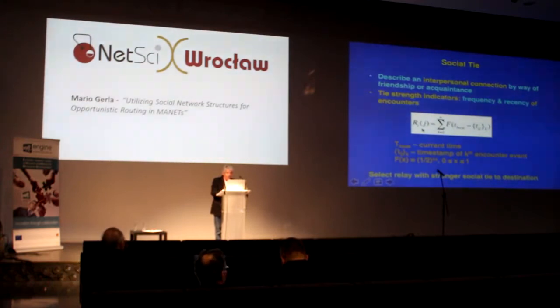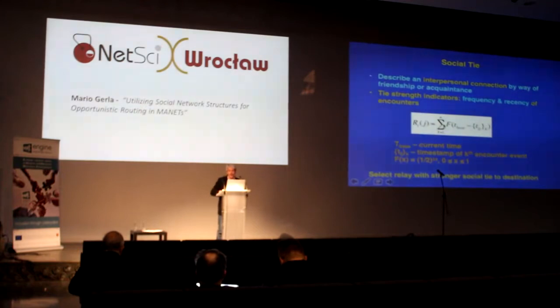Suppose that you want to find the social tie of node I with node J. So you have to figure out when node I encountered node J, so maybe they encountered at time T_ij way in the past, and K is the K-th time they encounter. So T is the current time minus the encounter time. And so you have a function which is a decay function. You add up all these encounters, and that will be your social tie.